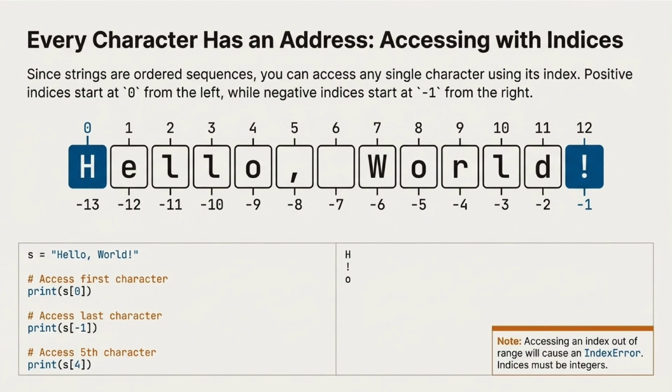This indexing system makes strings extremely flexible and powerful, especially when working with text data. However, it's important to remember that indices must be integers, and trying to access a position that does not exist will result in an index error.